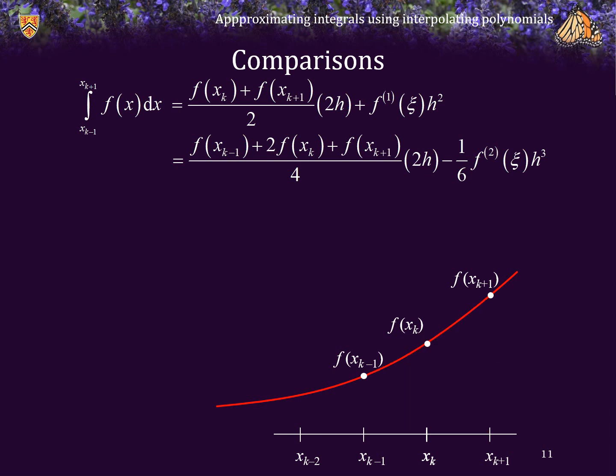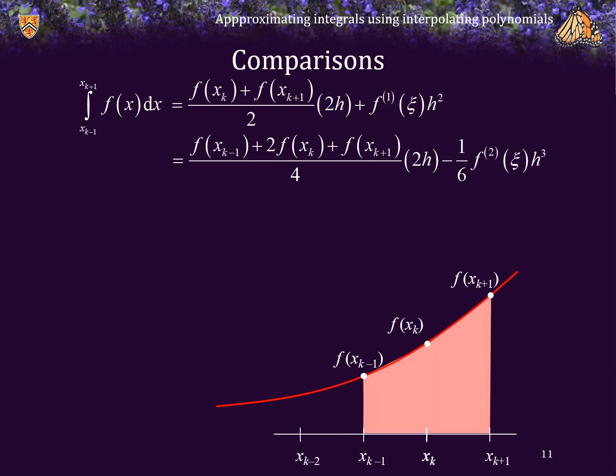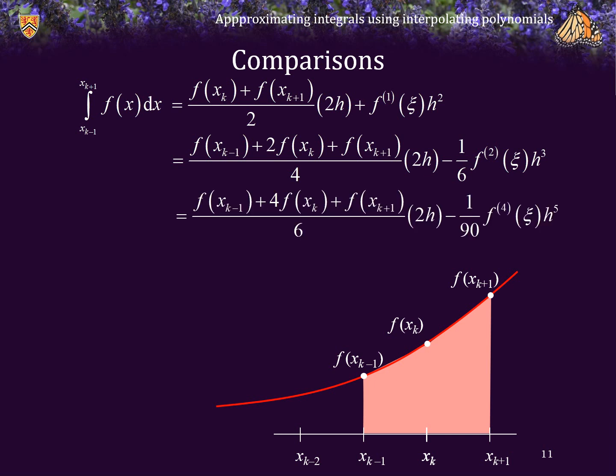Finally, the third rule we saw was Simpson's rule, which found an interpolating quadratic. That interpolating quadratic passed through those 3 points, and we integrated that interpolating quadratic. If we write that interpolating quadratic in the same form as the above 2, we see that again it's 2h times a weighted average of the 3 points.